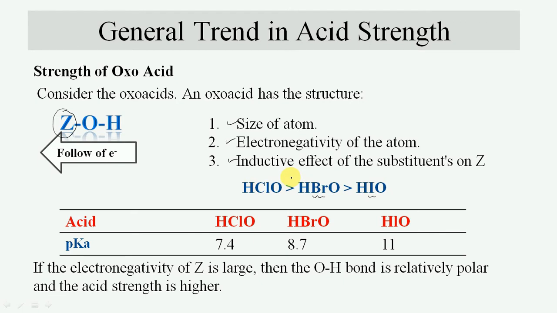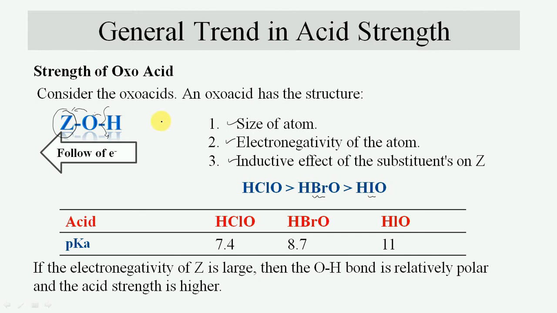If Z is small and has higher electronegativity, then it can pull electrons of oxygen toward itself, and finally oxygen in turn pulls electrons from the hydrogen atom. Therefore, it will allow the proton to dissociate and make the compound acidic.